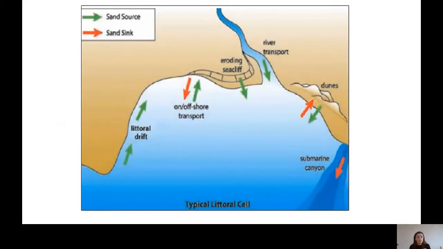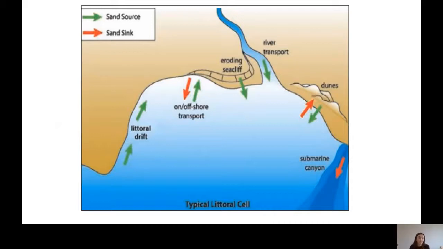Where you have a sand sink, these are outputs. Sinks are locations where the dominant process is deposition and depositional landforms are created. So when the sediment is being stored or put into a landform.